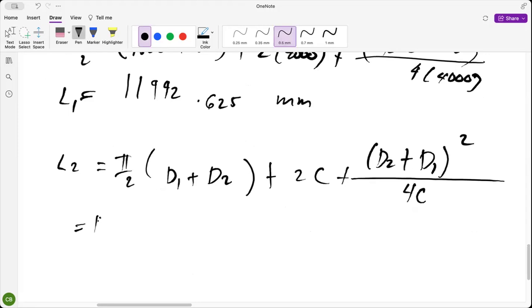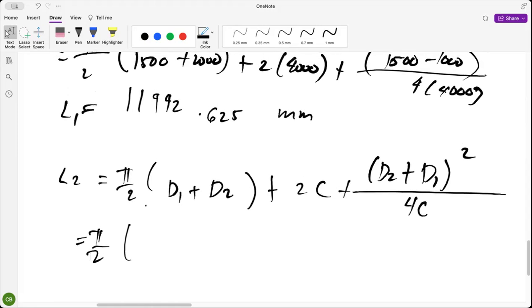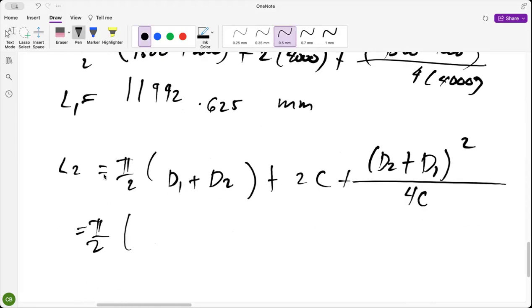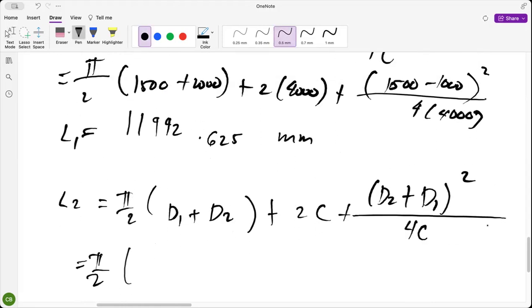So we have pi over 2 D1 plus D2. So we just copied this, and then the difference is that this is for open belt, we have a minus, and then plus for the cross belt.